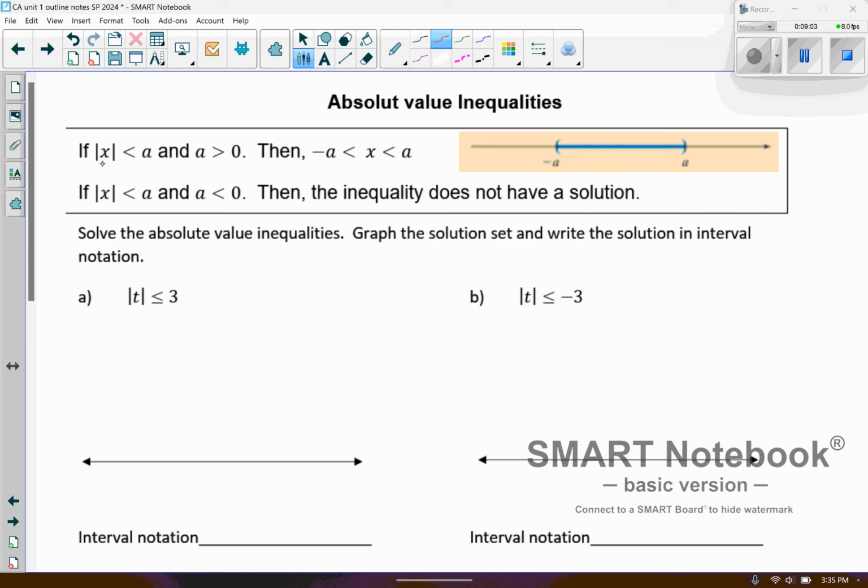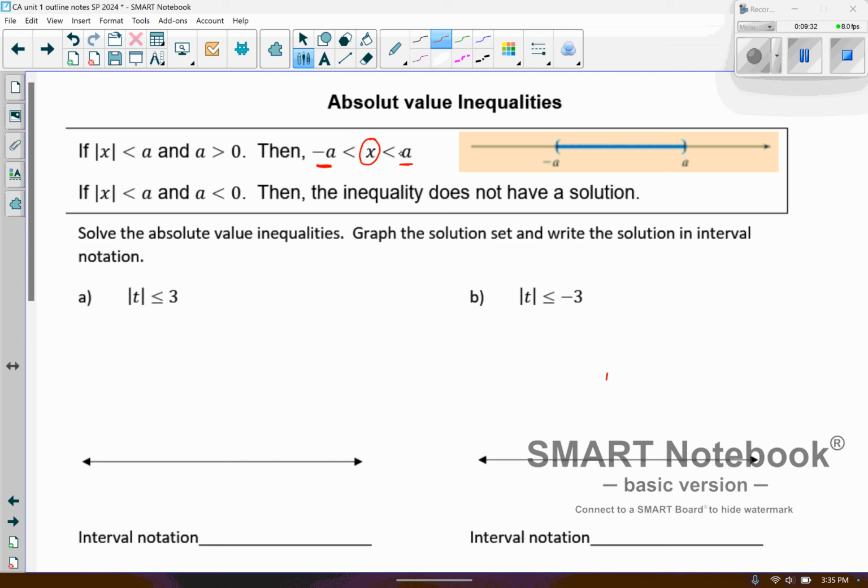If the absolute value of x is less than a, and a is greater than 0, so a needs to be a positive number, then you take that absolute value and you squeeze it between negative a and positive a. So it has to be greater than negative a and also less than positive a.